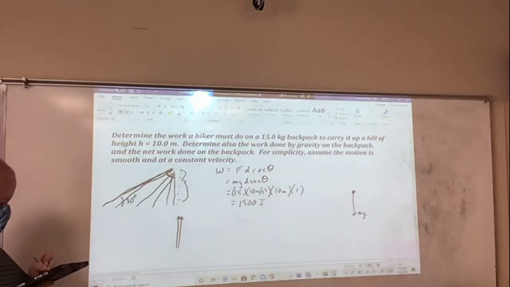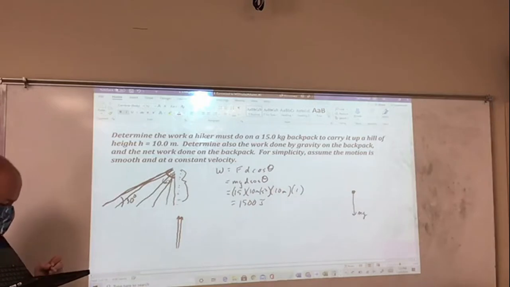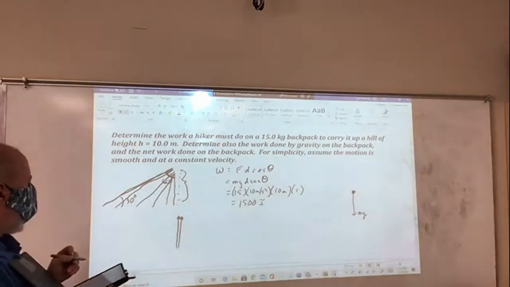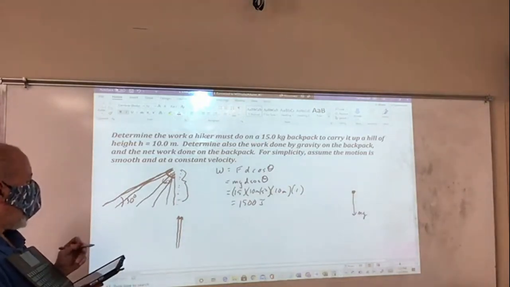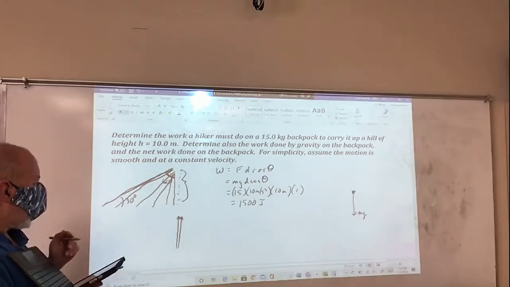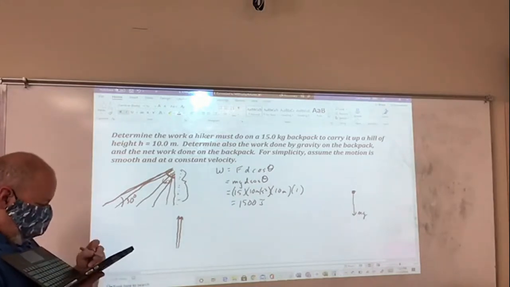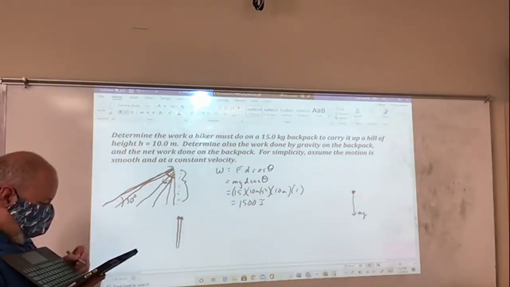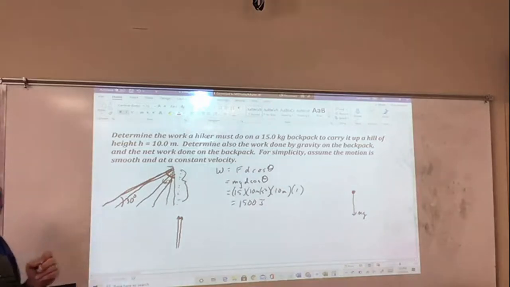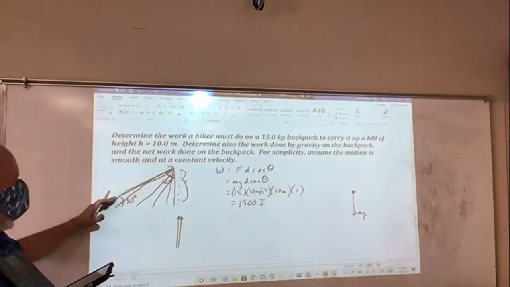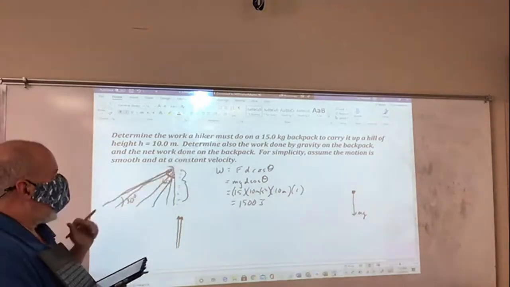Okay, this angle would be 60 degrees. Okay, and so what's the direction of motion? The direction of motion is this, right? Okay, the direction of motion is this direction.